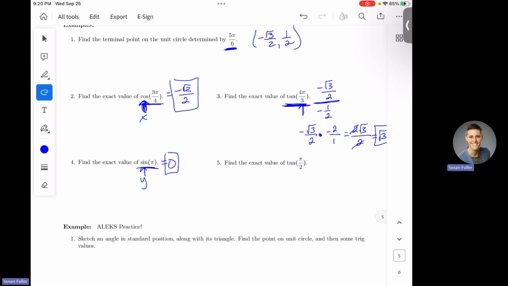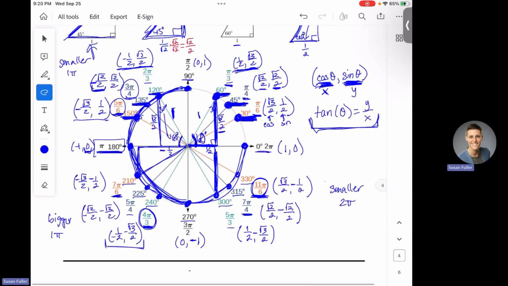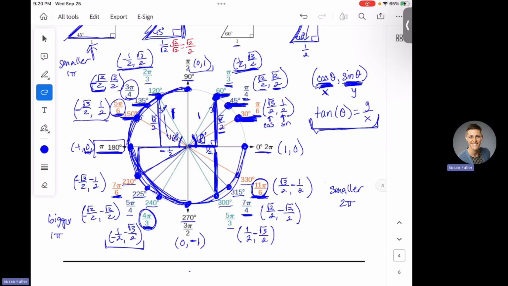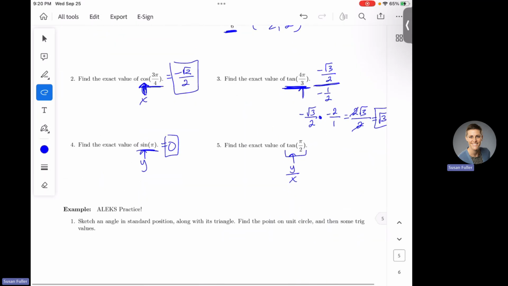And now if I want the exact value of the tangent of pi over 2, I'm going to go to pi over 2. If I want the tangent, I'm going to do y divided by x. So I'm going to take the y coordinate and divide by x at pi over 2. Pi over 2 is up here, and I'm doing y divided by x. That's 1 divided by 0. What's 1 divided by 0?